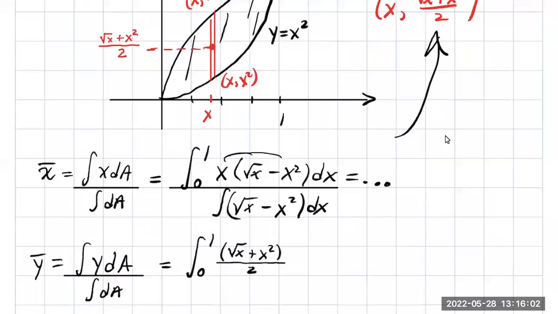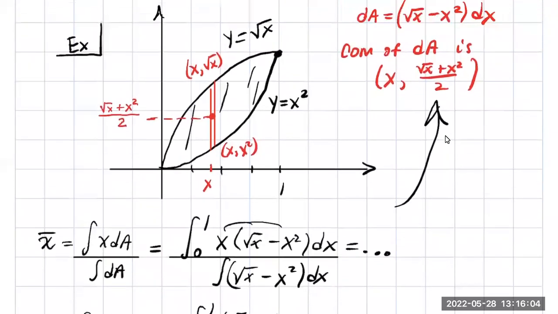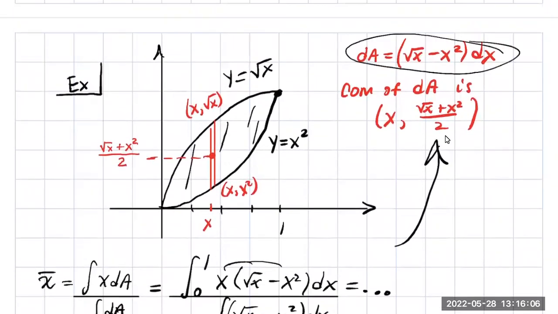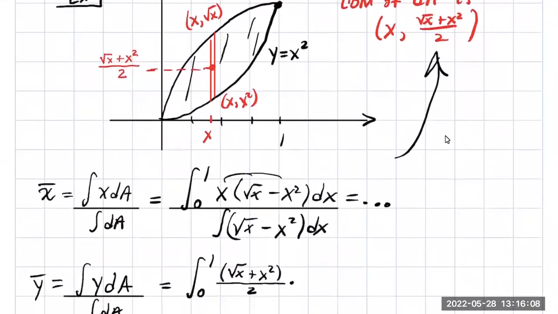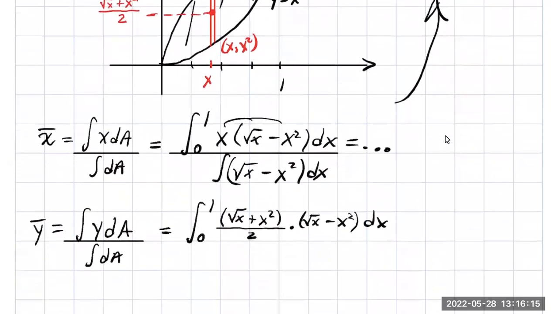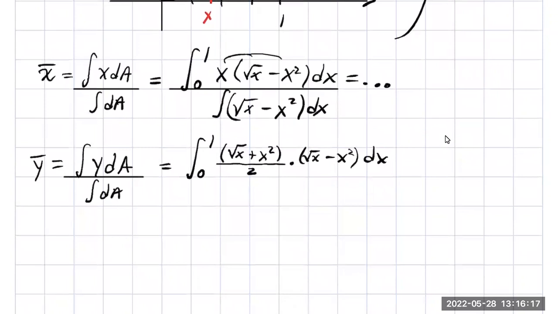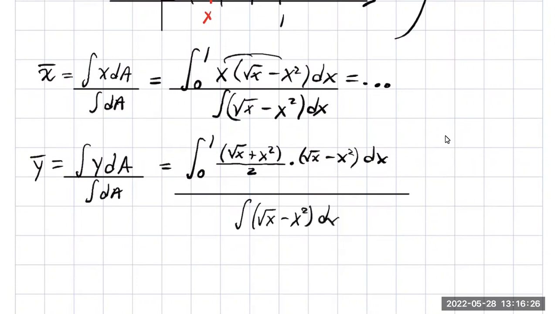Okay, and then we're going to multiply that by dA, which is right here. And of course, we need the denominator, which is the same as it is above. And again, these two integrals above and below are just straightforward, and I'll leave those to you, okay?